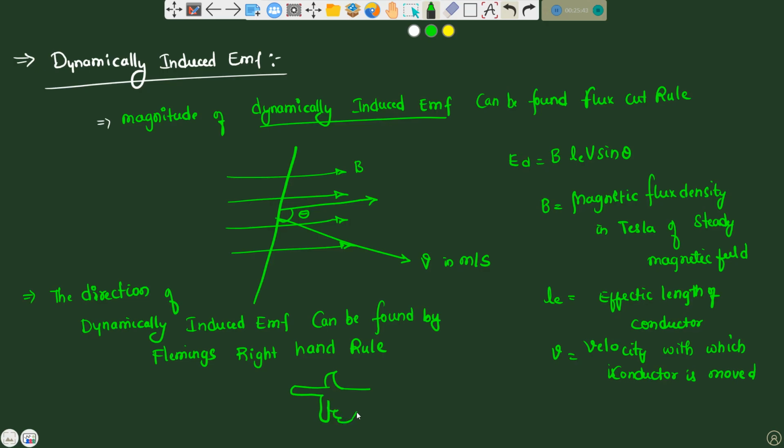Here the thumb indicates the motion of the conductor, the index finger indicates the direction of flux, and the middle finger indicates the direction of the induced EMF.